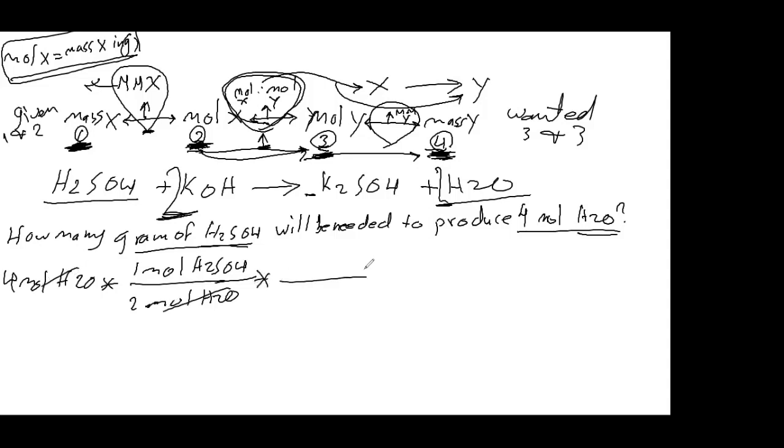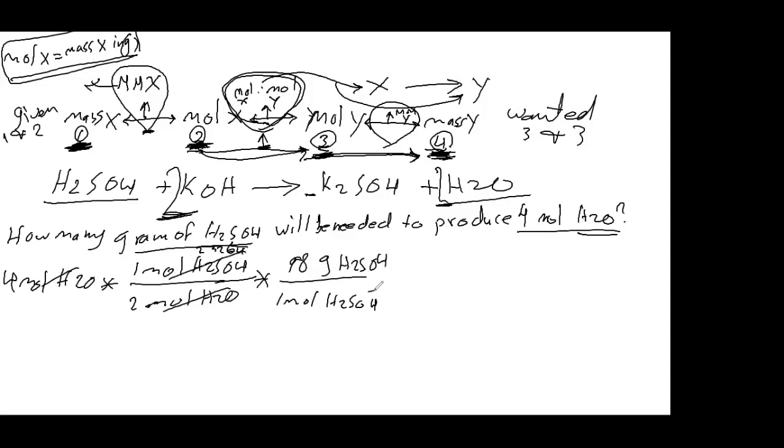Now I need to go from step 3 to 4 by using the molar mass of Y, which is the molar mass of H2SO4 here. Let's calculate it. So it will be 1 mole H2SO4 here in the bottom, and in the top, sulfur is 32, oxygen here 64, plus 2, so it will be 98 gram H2SO4.